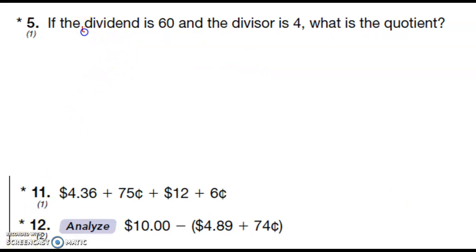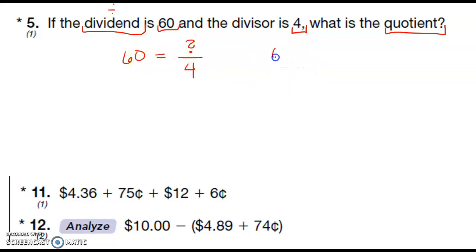Okay, if the dividend, now the dividend is the answer to a division problem, is 60, and the divisor is 4, what is the quotient? So 4 goes into what 60 times?